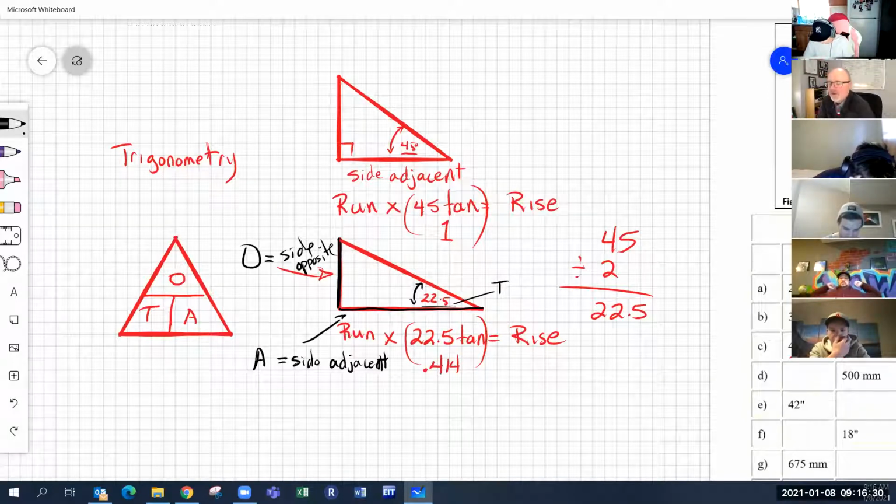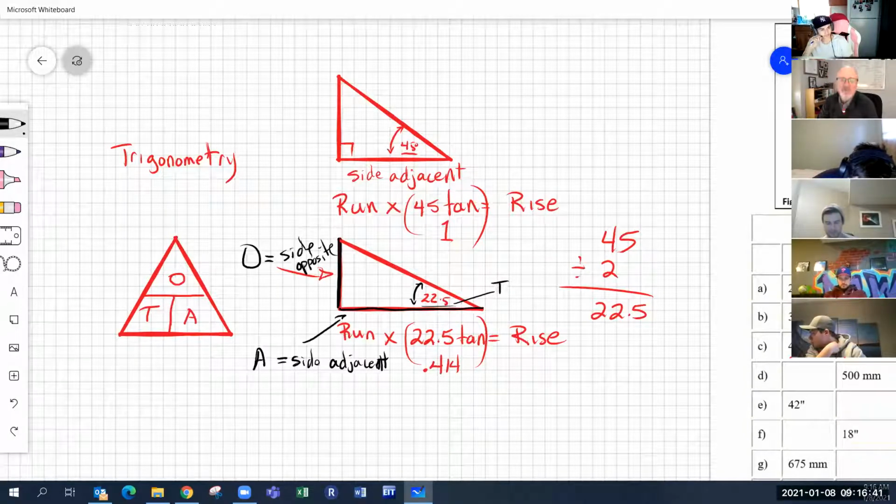And we'll solve for the hypotenuse as we move on, a little more involved in offsets, and we'll do all of the trig functions later on.